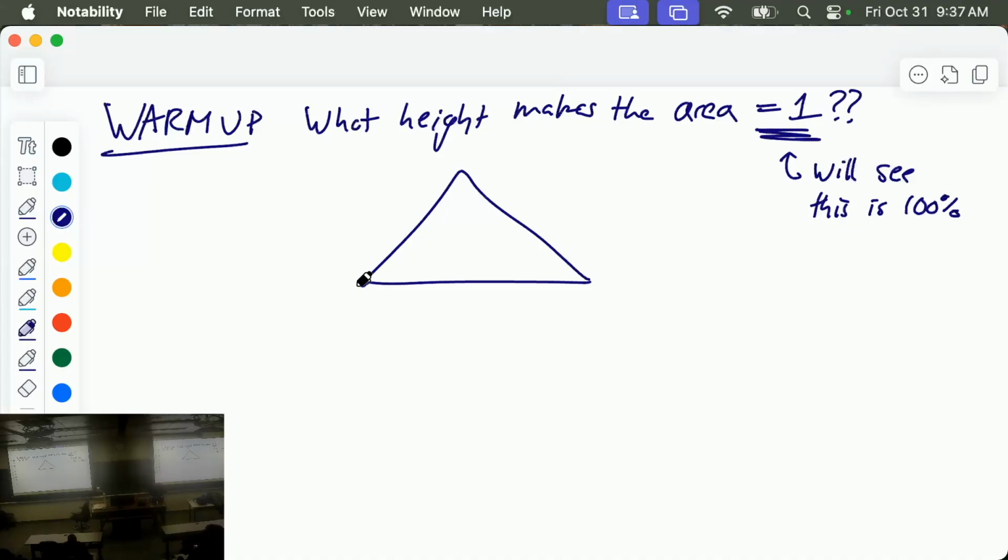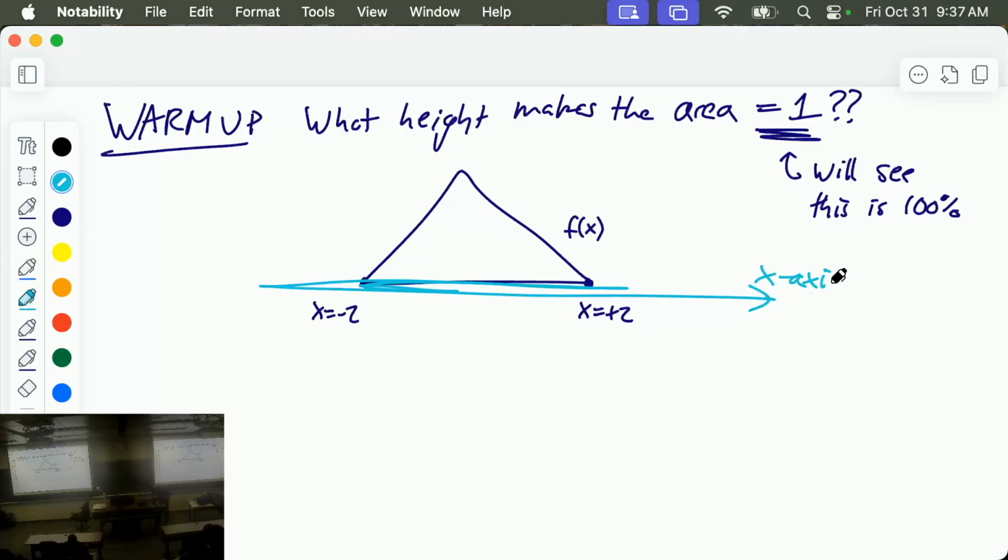And in this particular problem, we had something going from x equals -2 to x equals +2. And we called the function f of x. Let me give the x-axis a different color. This down here was the x-axis. And we said, please find the value of f of 0. That is the height at the origin, when x equals 0.